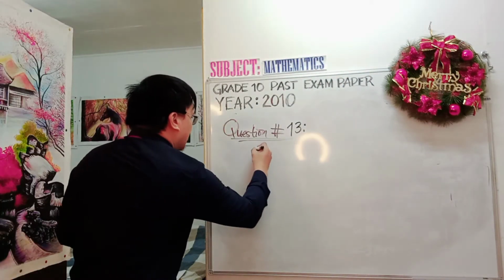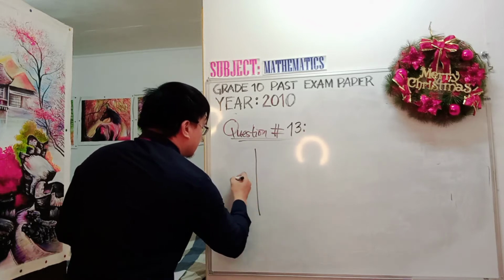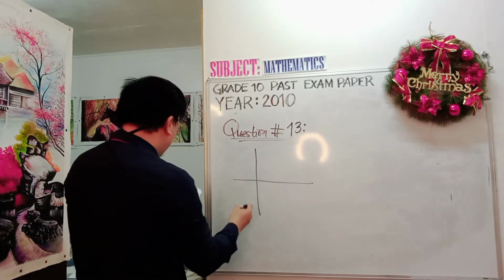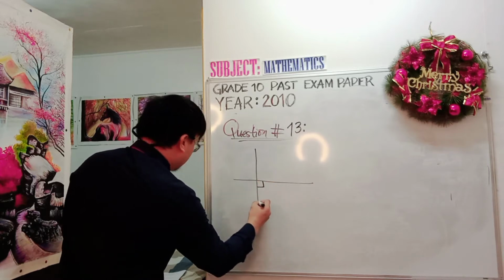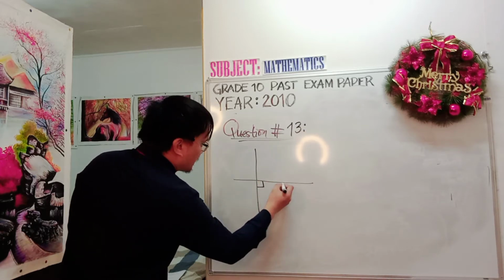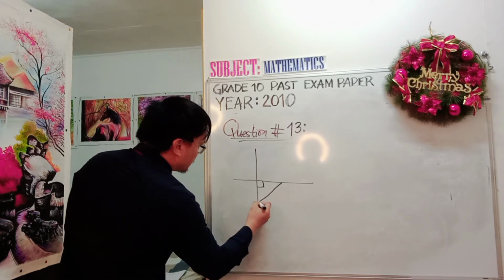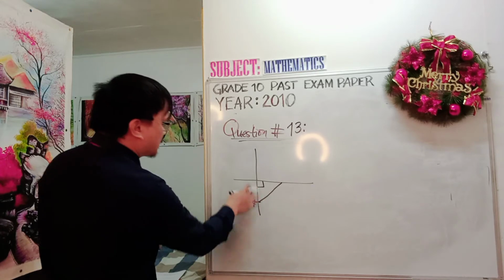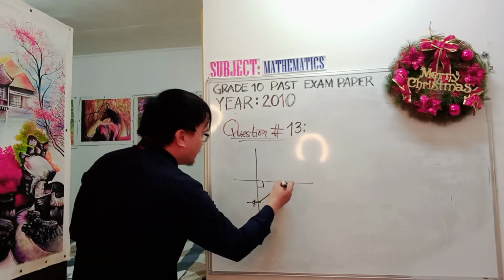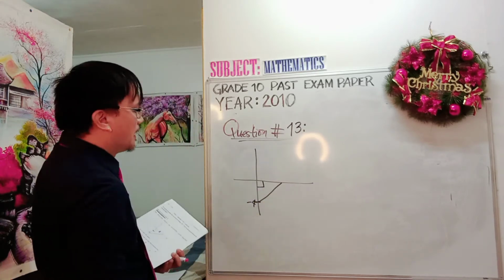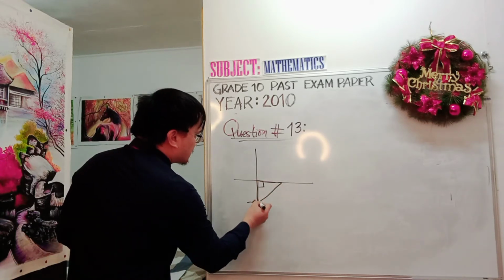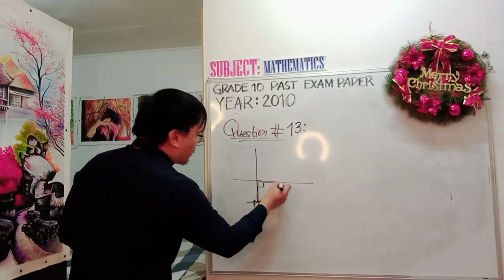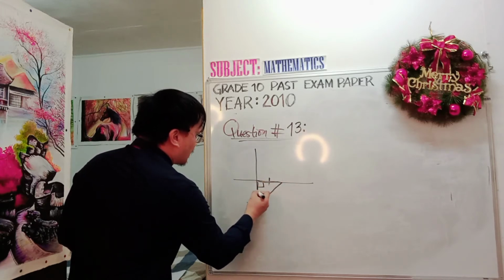This is the axis, and this is the right angle triangle, and this is the line. This side is -4, because it is on the downward side, and this one doesn't have a measurement. But since this triangle is isosceles, the two sides are equal.